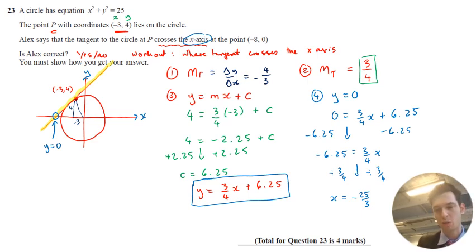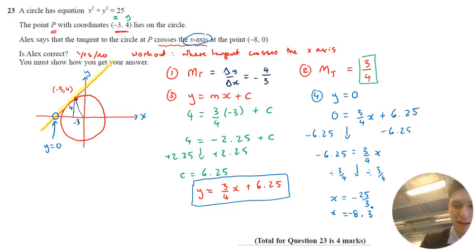Okay, I end up with x equals minus 25/3, which as a decimal I could write as minus 8.3 recurring. So it's really close to minus 8, but it's not minus 8.